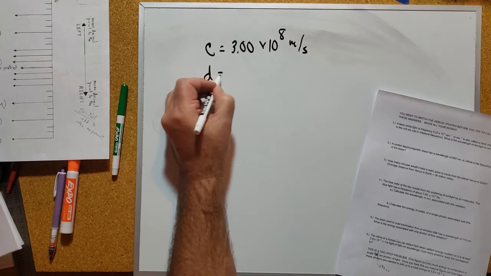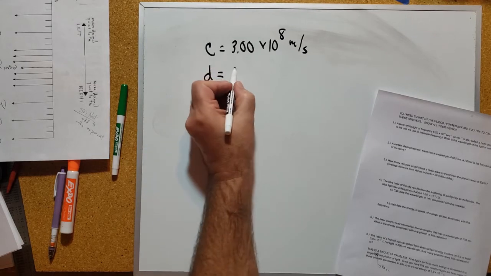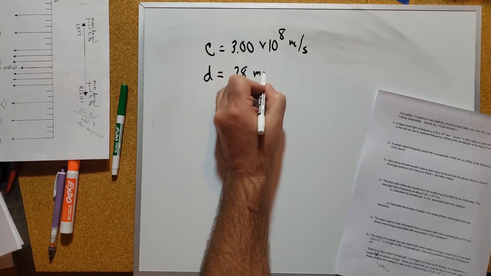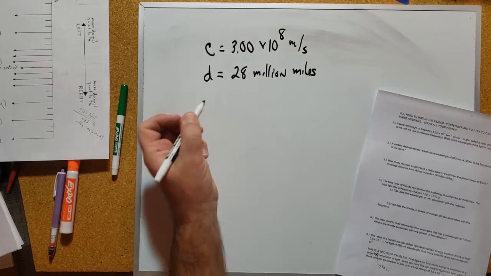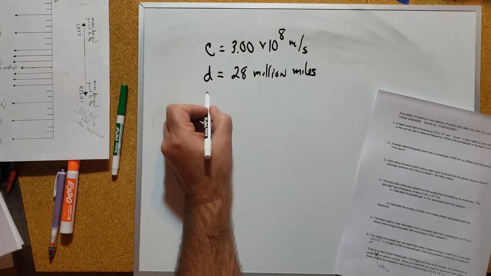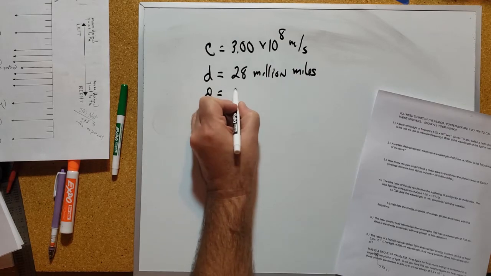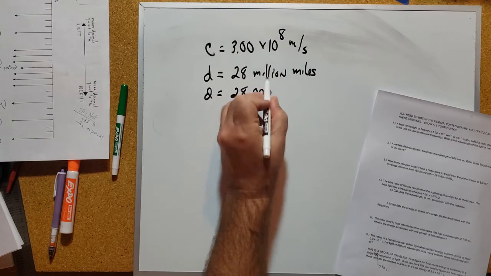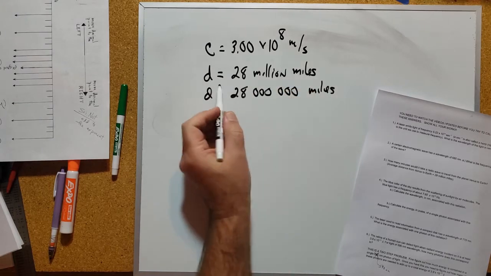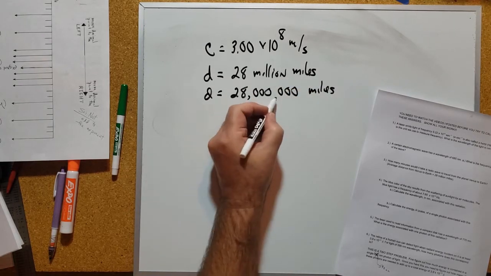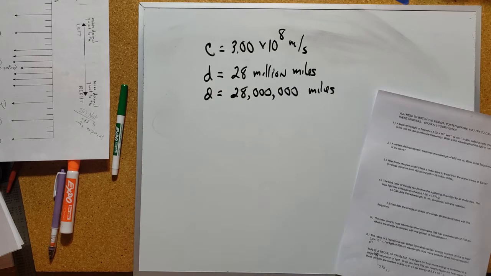And the distance, we said, was 28 million miles. 28 and then 6 zeros will give us millions. So 28 million is 28 with 6 zeros after it.